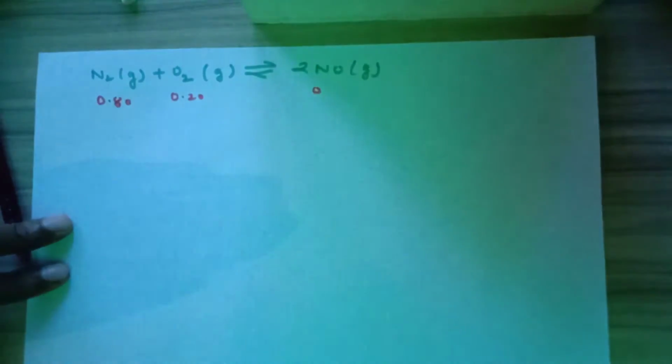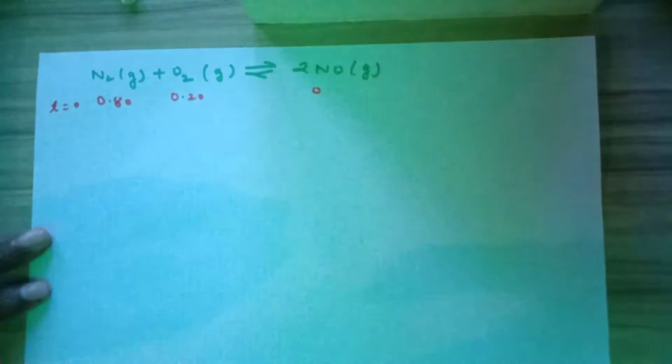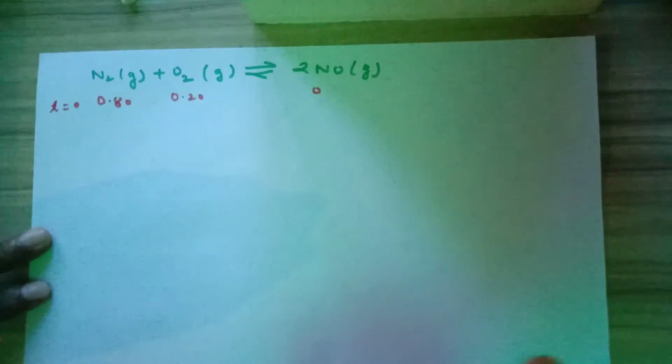Initially there is no reaction, so the concentration of NO will be 0. This is at t equal to 0. But after some time there will be some dissociation. Suppose that dissociation is taken as x.